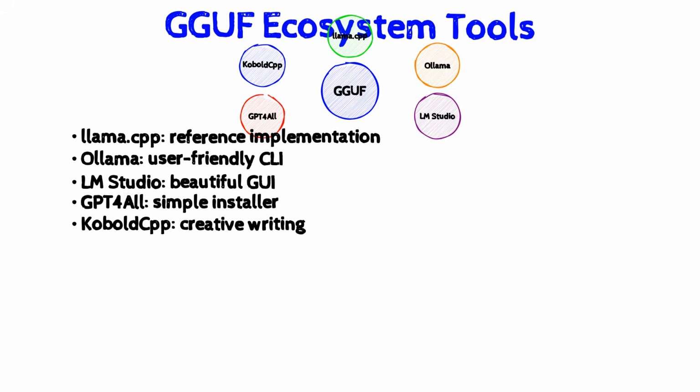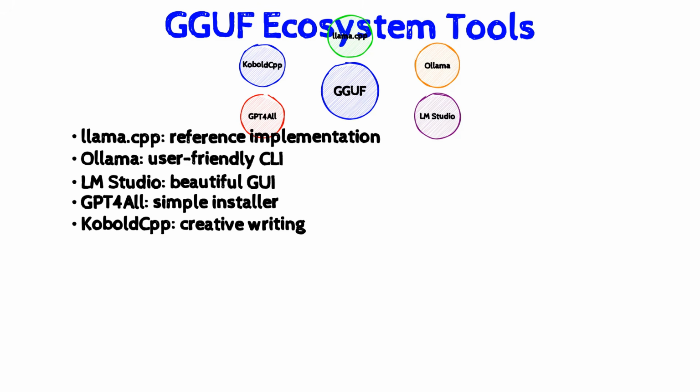LM Studio offers a beautiful graphical interface for Windows, Mac, and Linux users who prefer a visual experience. GPT4All focuses on ease of use with a simple installer and interface, ideal for non-technical users. KoboldCpp is optimized for creative writing and role-playing applications, with special features for text generation. This wide support means you can use GGUF models in whatever workflow suits you best.